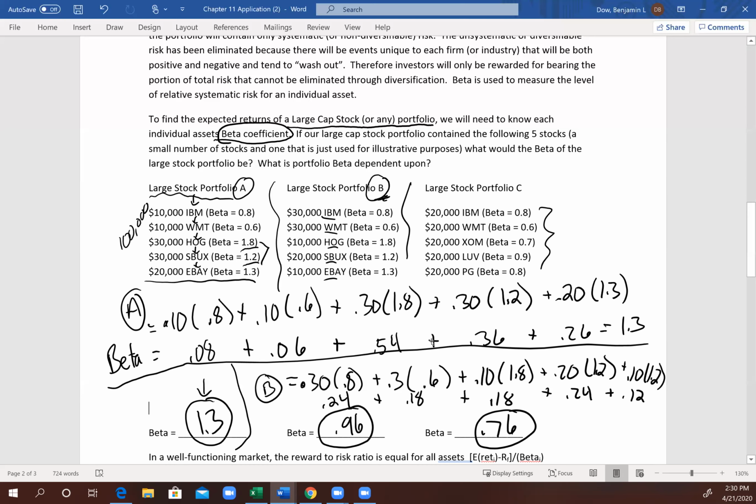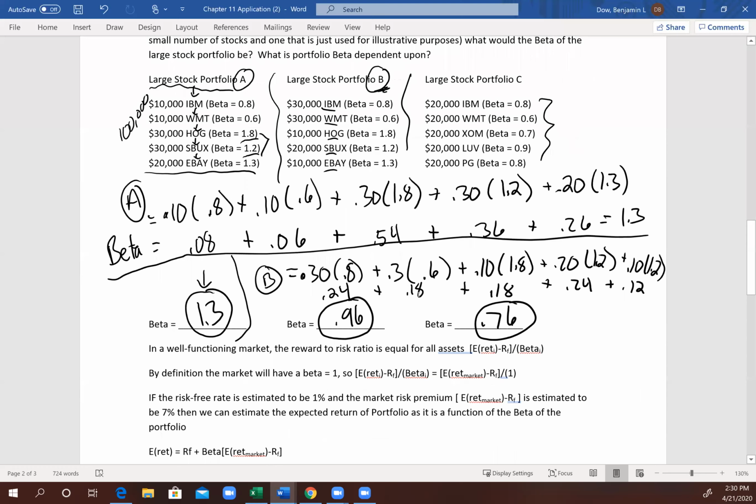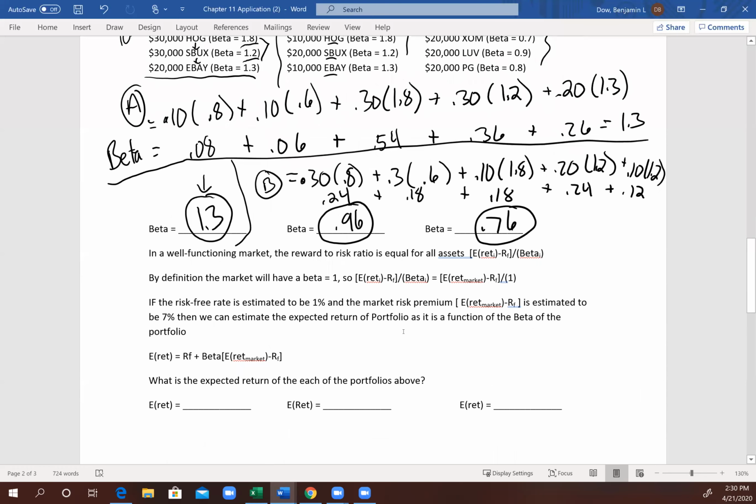Now, once you look at the beta, you go back to your old friend, the capital asset pricing model, and to find the expected return of the large cap portfolio, it's going to be a function of the risk-free rate, beta, and the market risk premium.